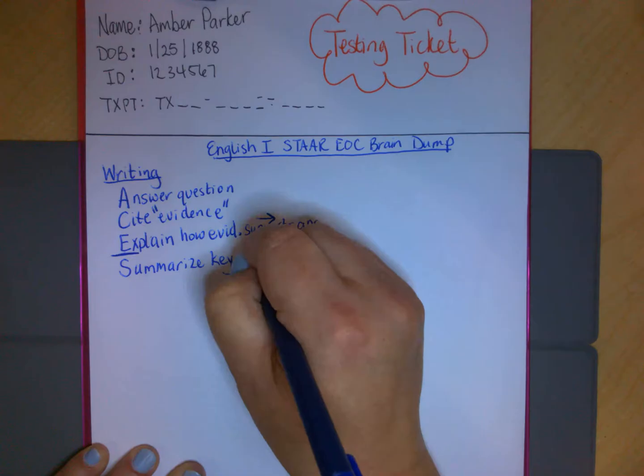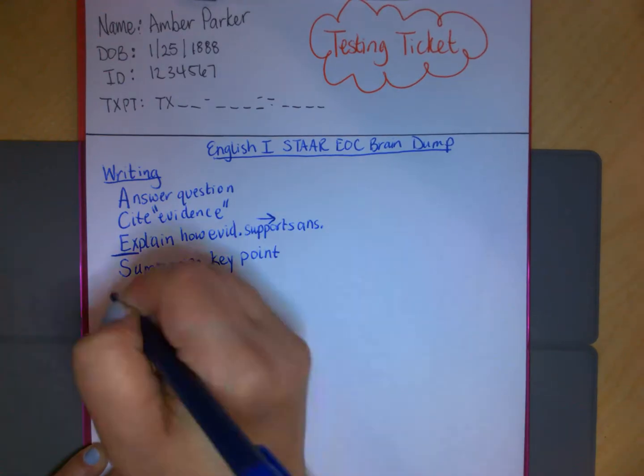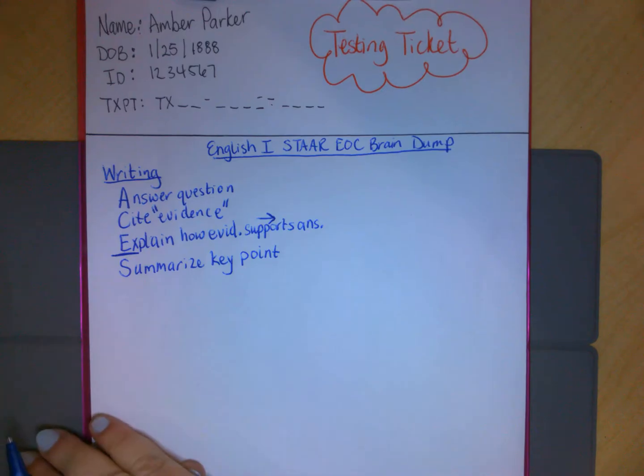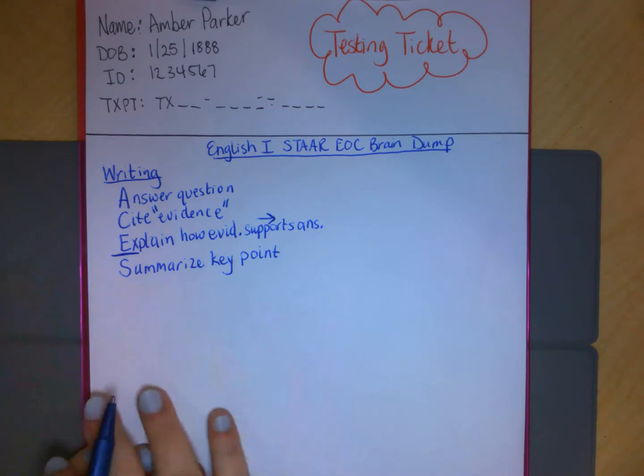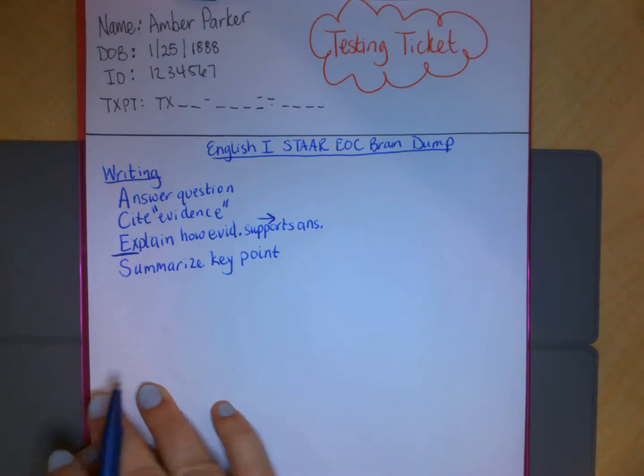So the main points of my essay, I'm going to summarize those. All right, so that's my ACES strategy, and that will help me remember to put all the information that I need into both my short answers, my SCRs, and my extended responses, my ECRs.